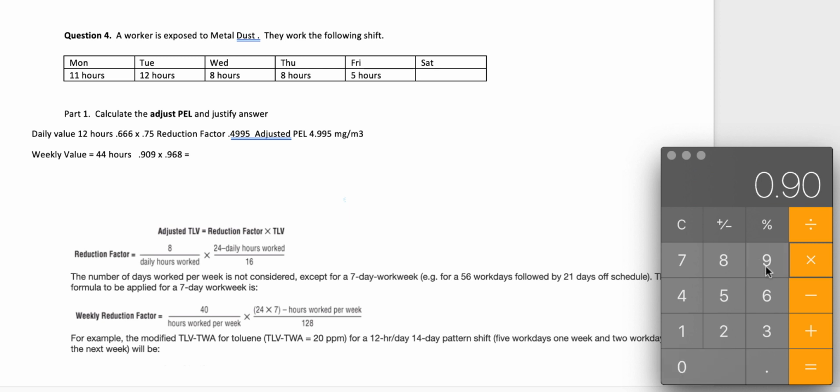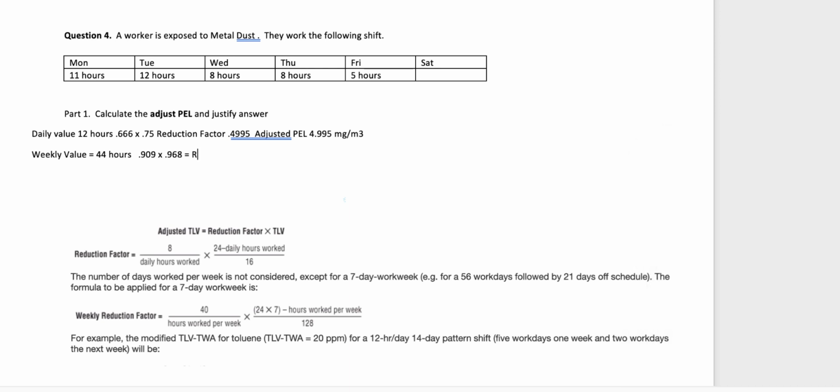I multiply that by the first part of the equation, gives me a reduction factor of 0.88.